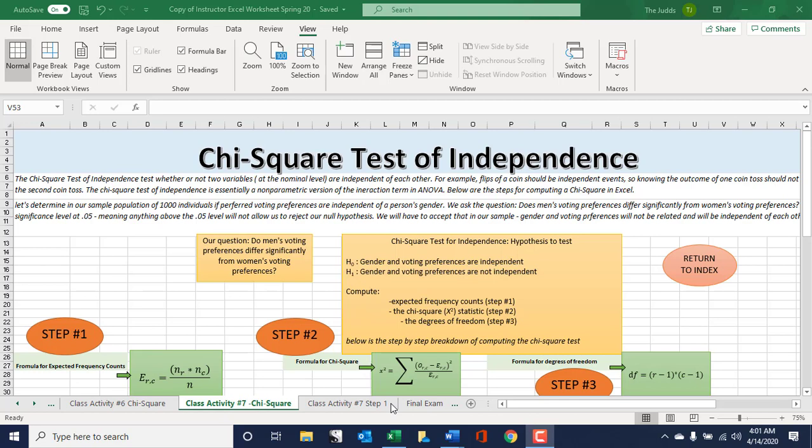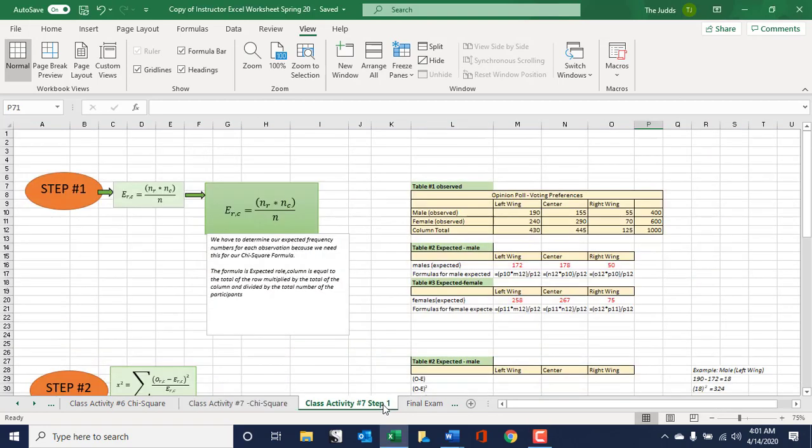So let's hop over here to the example of how to break this down. You'll see right here in my table 1, I've labeled this observed. Observed in the chi-square statistic means your actual data, what you actually got when you did your questionnaire and your survey.